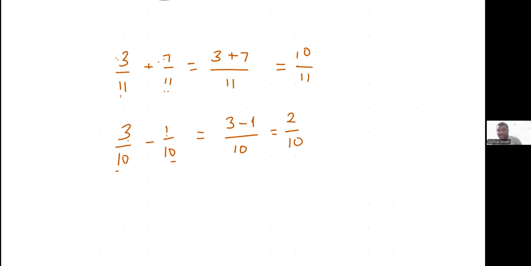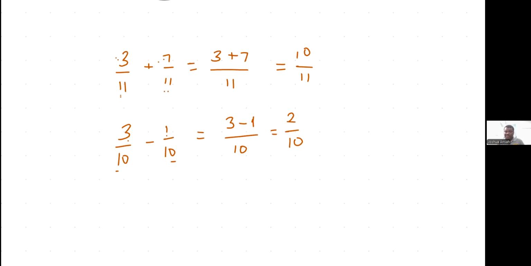So that is how addition and subtraction of fractions are done if the denominators are the same, or like denominators.